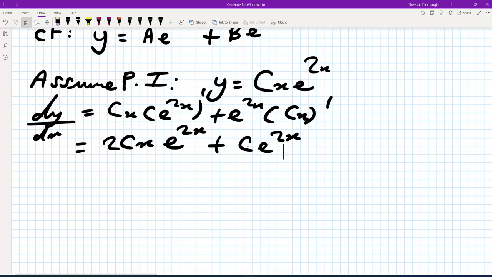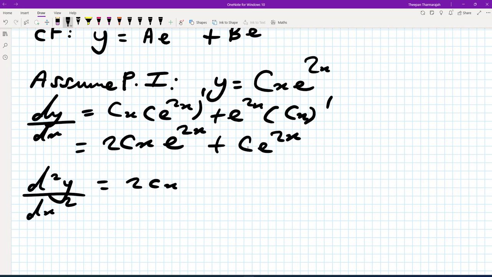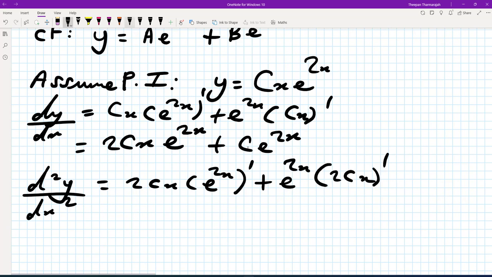Now we need to differentiate this again for the second time, so we use the product rule again. So it's going to be 2cx multiplied by 2x differentiated plus e to the 2x times 2cx differentiated, and I'm just going to differentiate the last term on its own, plus 2c e to the 2x.